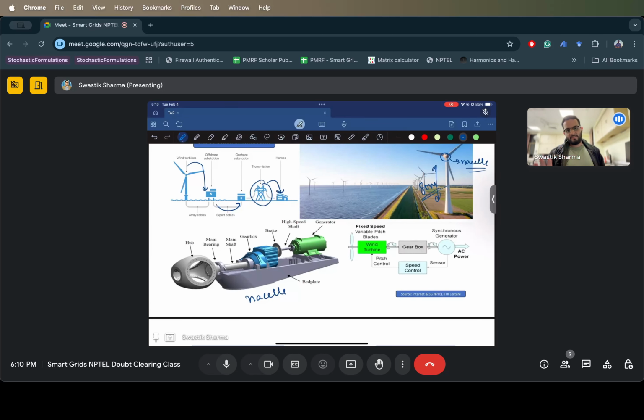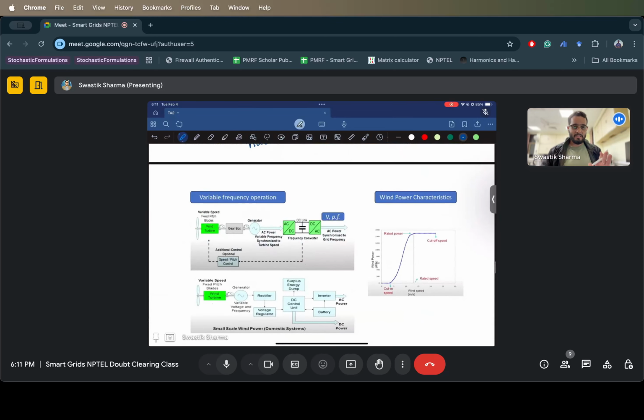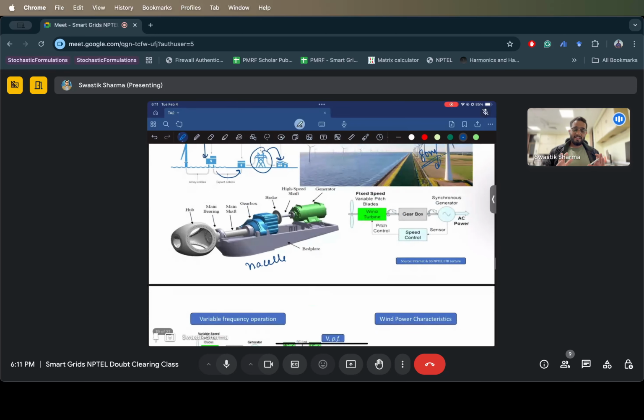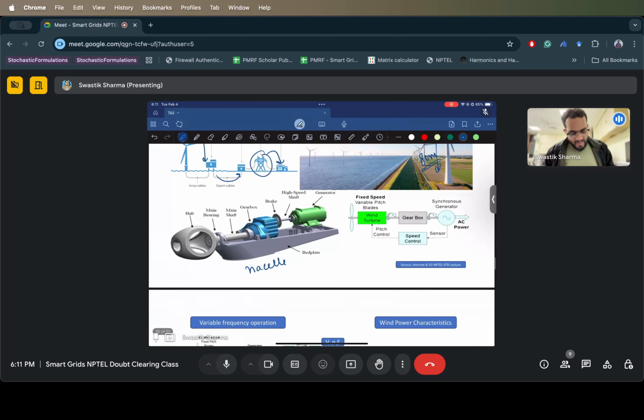I'll just give a brief review because it's very hard for me to touch upon everything. But I'll still be touching on everything, just briefly. So don't say that I did not cover anything, because these are not meant to substitute the original lectures, right? So what we have is fixed speed. We want to keep the speed of the turbine rotation at a fixed rate. That's what we want to do.